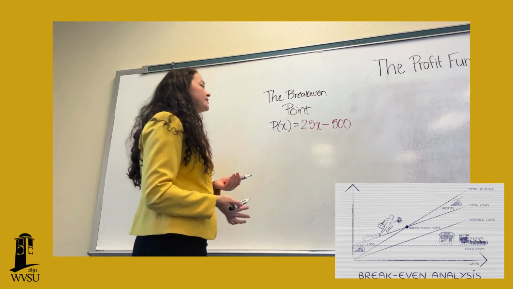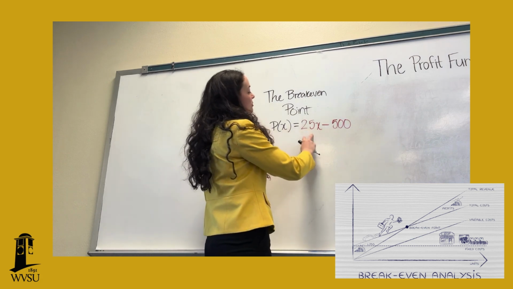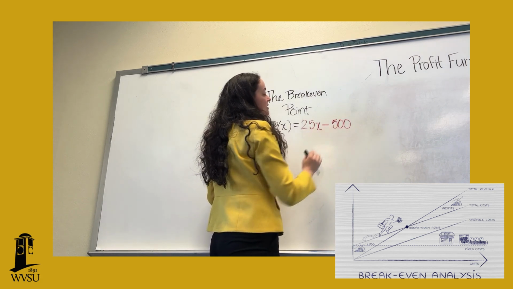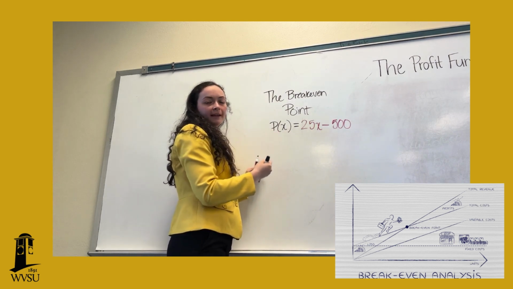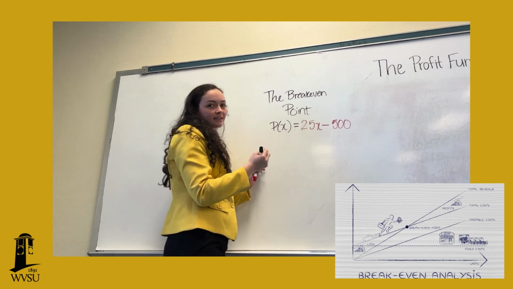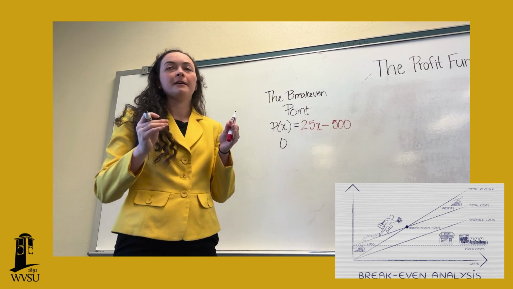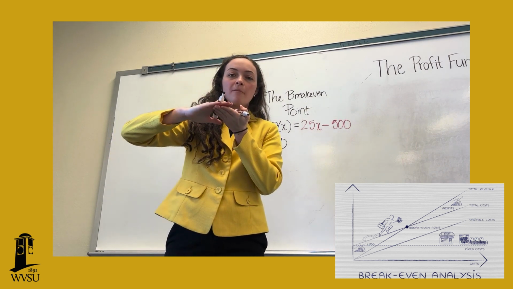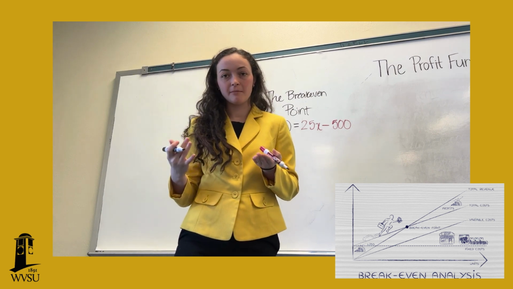So let's say, for example, that we have found a profit function that is equal to 25x minus 500. In order to solve for our break-even point algebraically, we can set our profit to 0. This means we are exactly at the point where we have made no money, but any more sales after this, we're going to begin to make money.